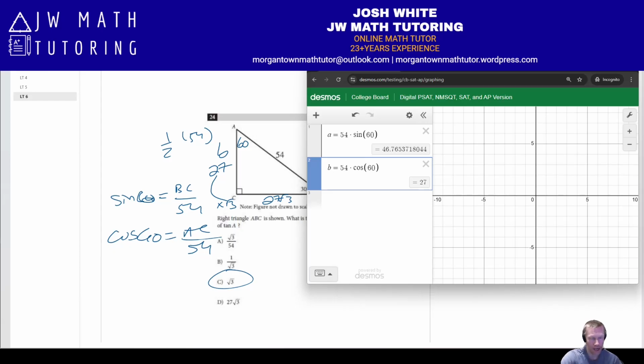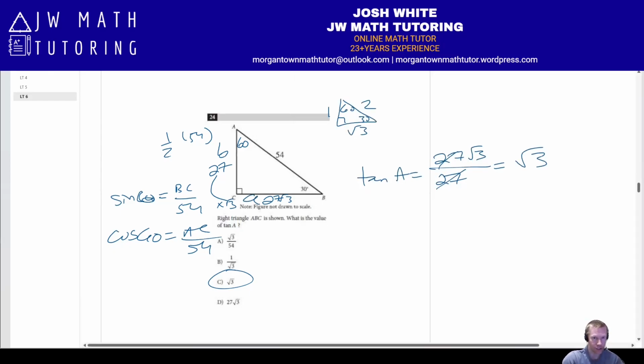So now tan A is equal to opposite over adjacent. The opposite side here is a, the adjacent side is b. So tan 60 equals a over b.